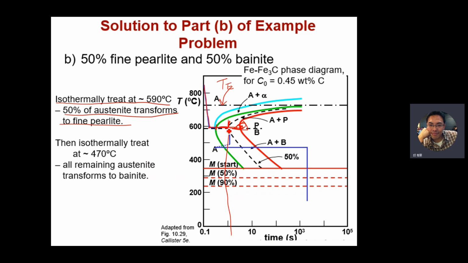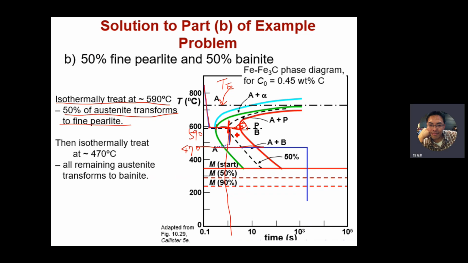Okay. And then isothermally treat at 470, right? So we drop the temperature to say 470. And this point is 590. Therefore, we drop the temperature and remain at that temperature for a long time, and all the remaining austenite transforms to bainite, right?